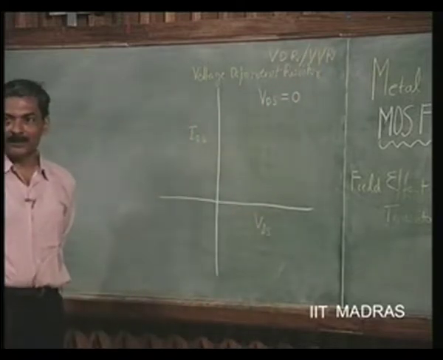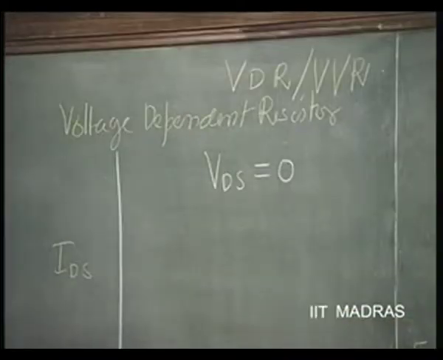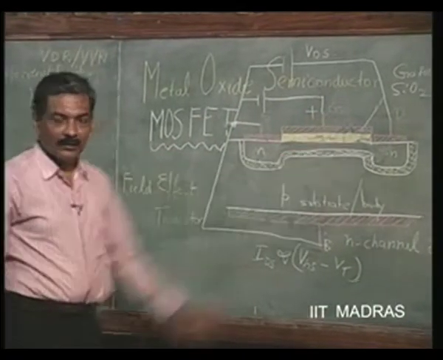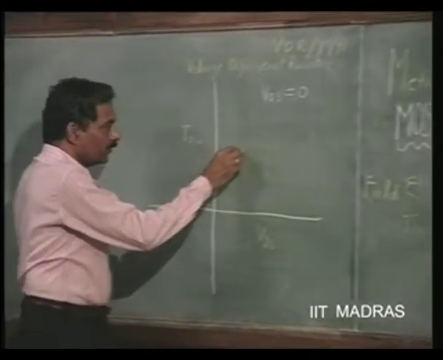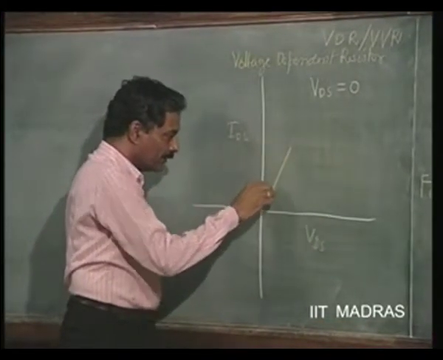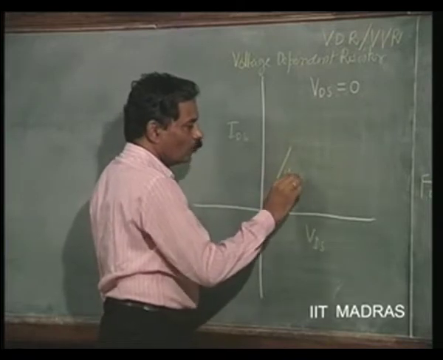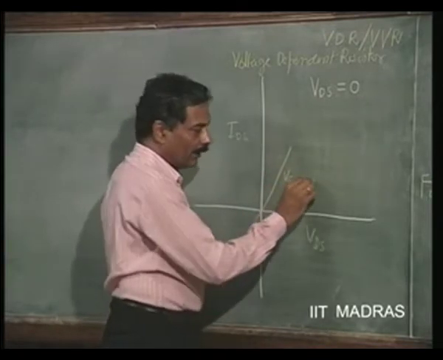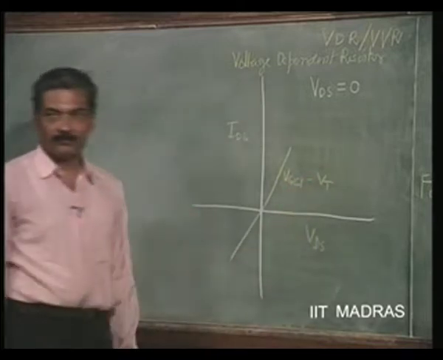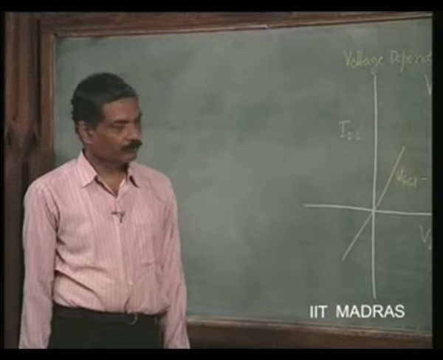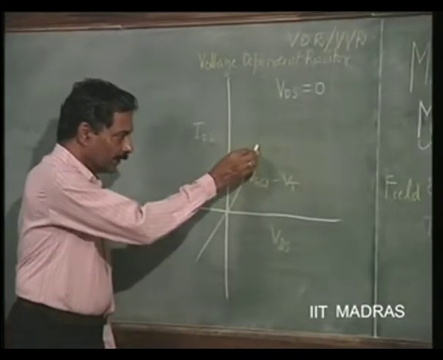By applying a gate voltage, I can change the conductance or resistance of this. So, corresponding to one value of voltage, VGS1 minus VT, this is the characteristic.